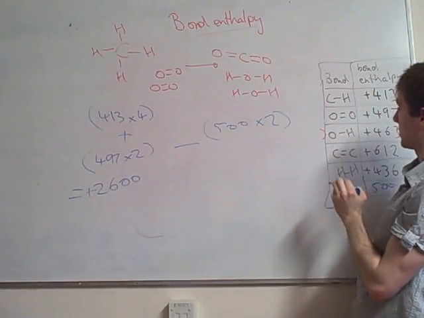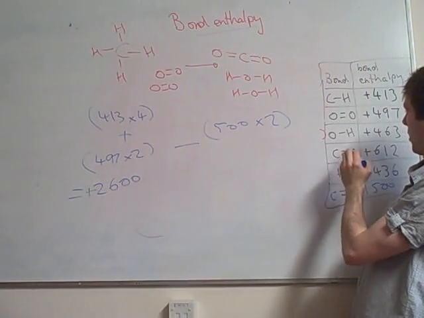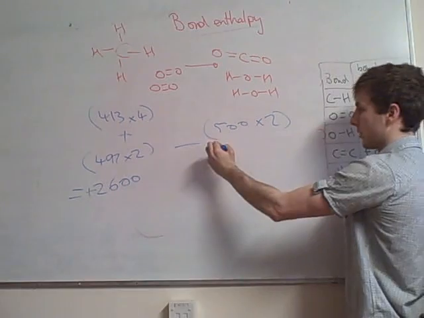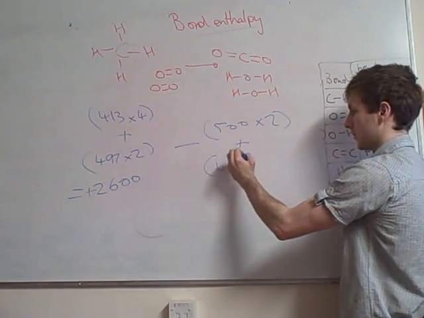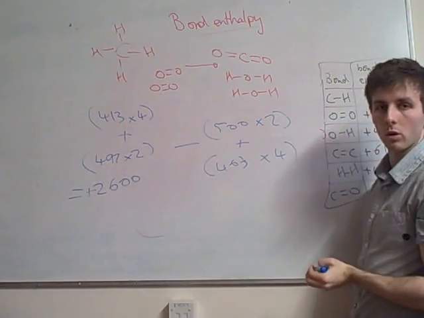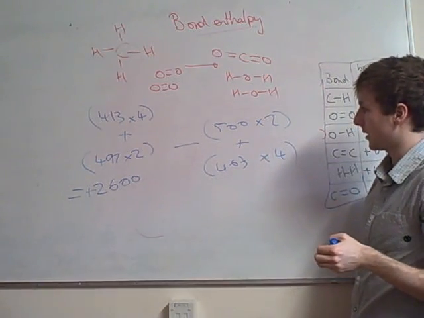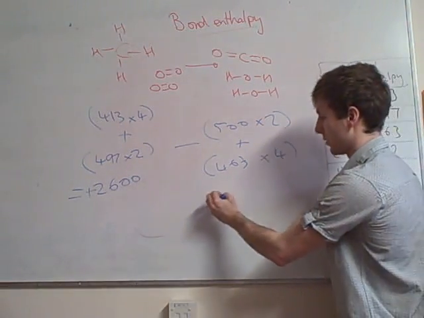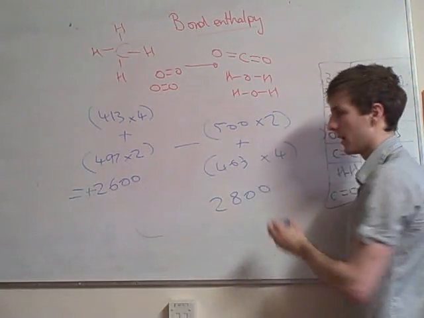There's an OH bond. OH is here, so that's 463. And we've got that 4 times, so let's times that by 4. So that'll come to roughly 2,800-ish.